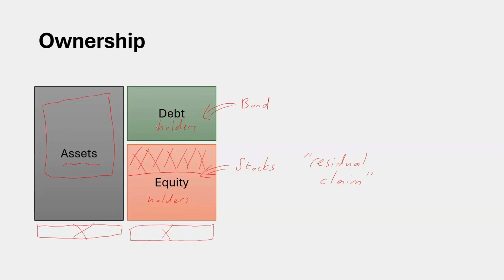So if the firm's in real trouble, then the assets might actually shrink a lot more. So then in this scenario, for example, if the firm goes bankrupt, everything goes to debt holders and nothing is left for equity holders.